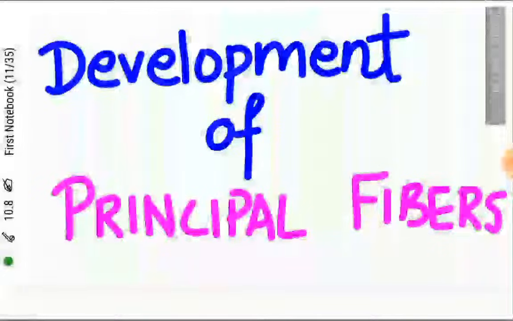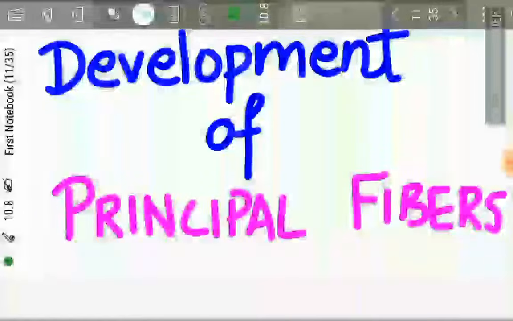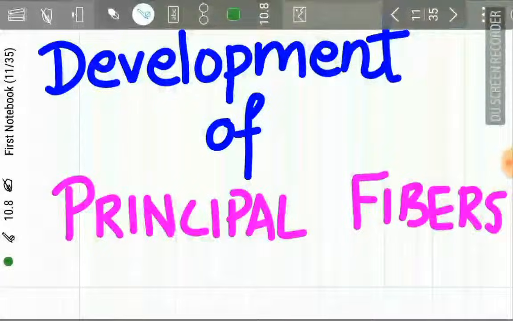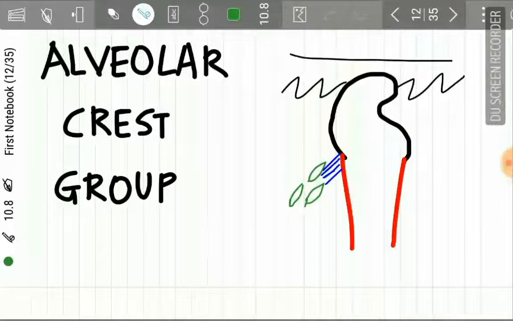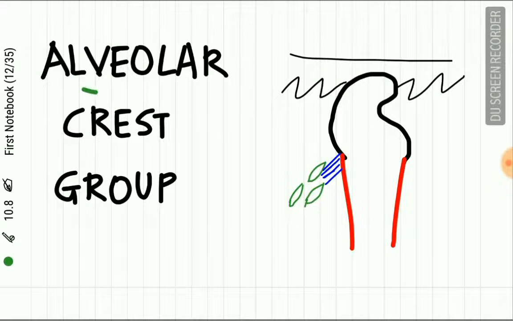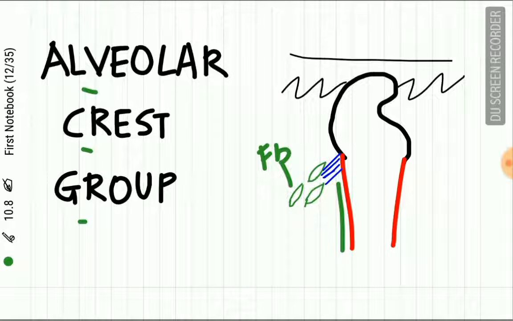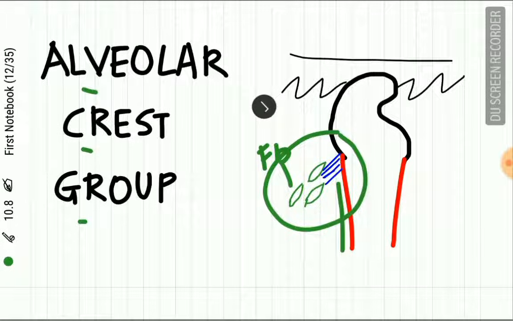Now let us see one by one how the principal fibers of the periodontal ligament develop. First, how are the alveolar crest group of fibers formed? Just before the tooth eruption, active fibroblasts, shown by green cells, appear adjacent to the cementum of the root in the coronal 1/3 part, and they become obliquely aligned.